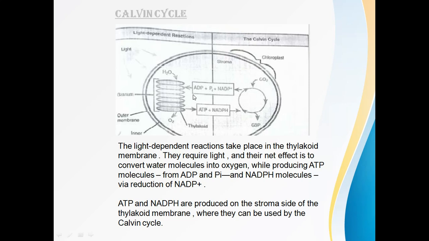ADP is adenosine diphosphate. T is tri, D is di. ATP and ADP are the energy giving molecules. ATP and ADP will give the energy.